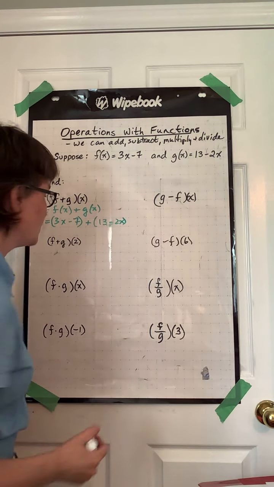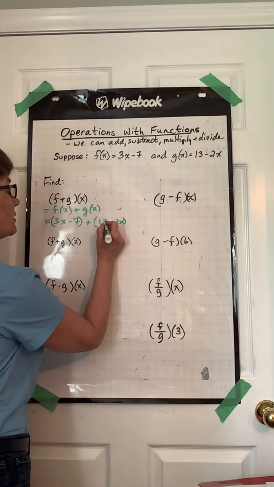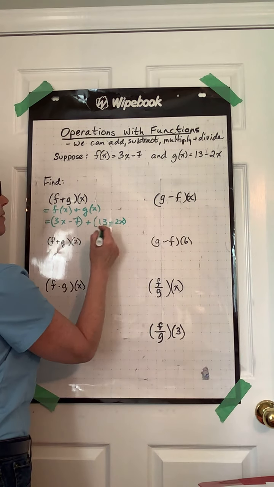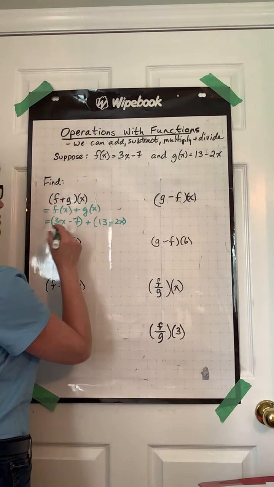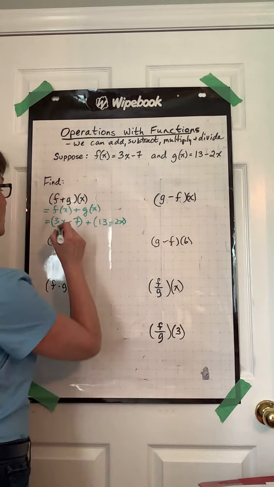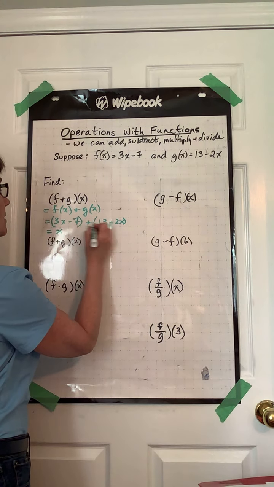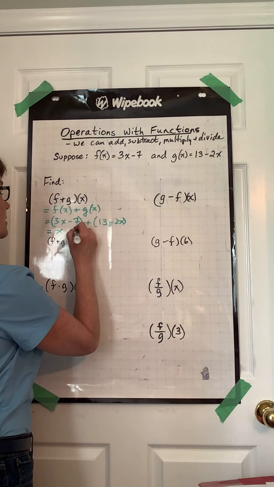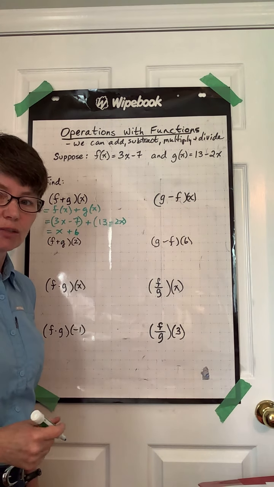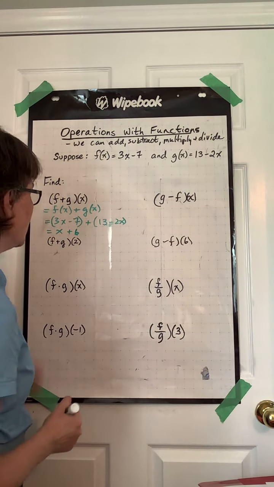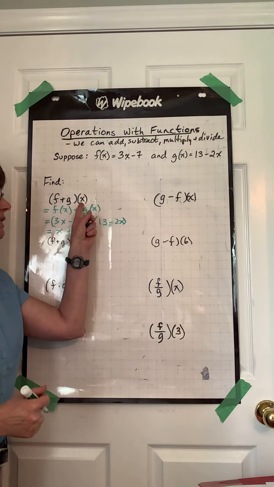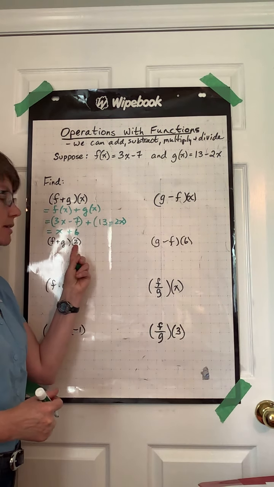With addition we can just get rid of those brackets. Nothing changes inside this second bracket when we do that, so we can collect our like terms. 3x subtract 2x is x, negative 7 plus 13 is 6, and so we end up with x plus 6.